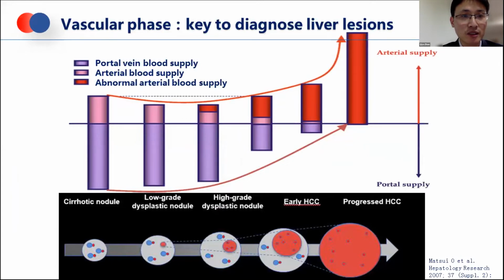From this picture, we can find the portal vein and arterial blood supply decreased as the cirrhotic nodule turned to progressed HCC, and abnormal arterial blood supply increased. This is the anatomy hypothesis of CEUS findings.